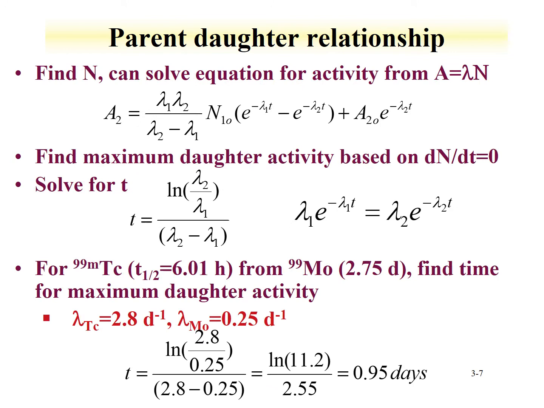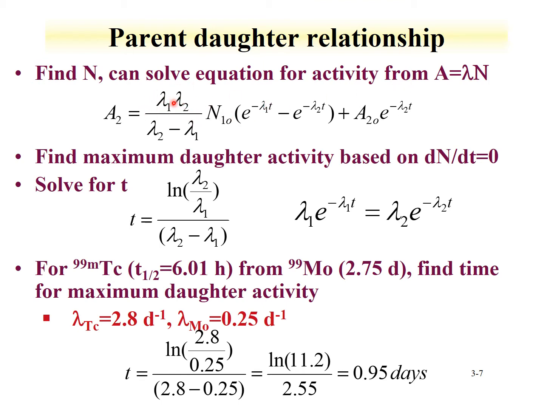Now, since we found n, the number of atoms, we can solve this equation for determining the activity of the daughter at any time by using the relationship between the number of atoms and activity. So activity equals lambda n. So we multiply this by lambda 2.